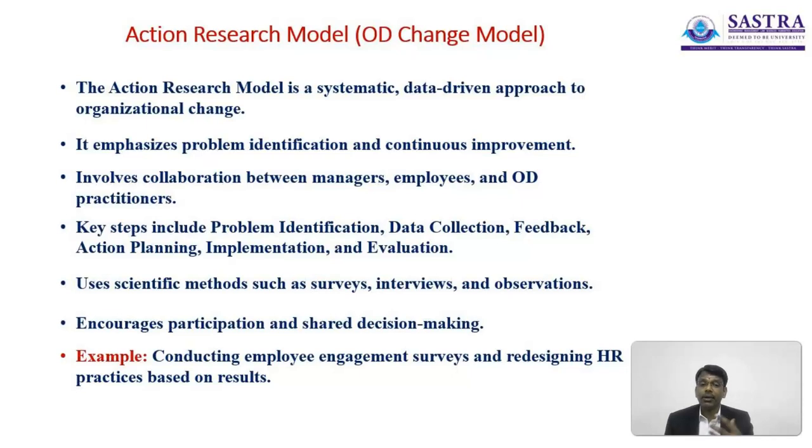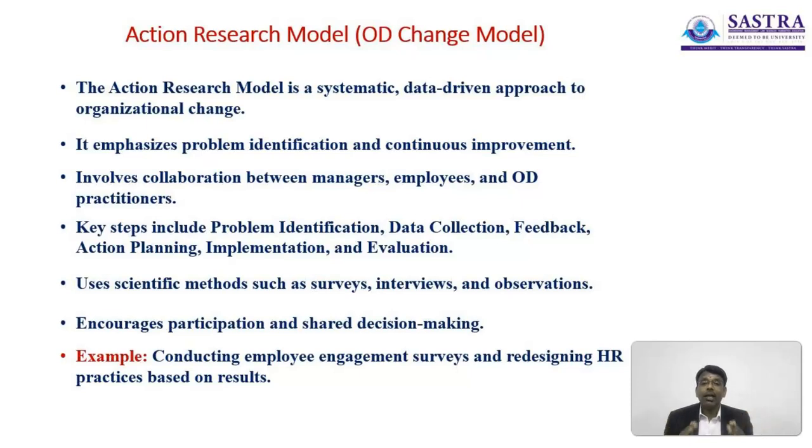Stage by stage, again, I'm going to explain a lot. The model follows a cyclical process which includes problem identification, data collection, feedback, and implementation, and so on. This cycle allows organizations to continuously assess and refine their strategies. See, another important aspect of this model is participation.